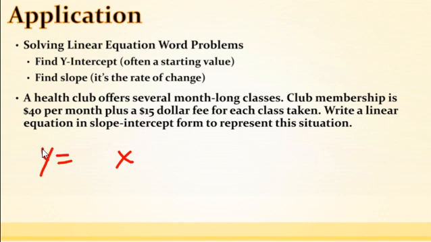X is the number of months. Actually, x would be the class, each individual class. So it's $15 per class plus the members have to pay a $40 monthly fee.